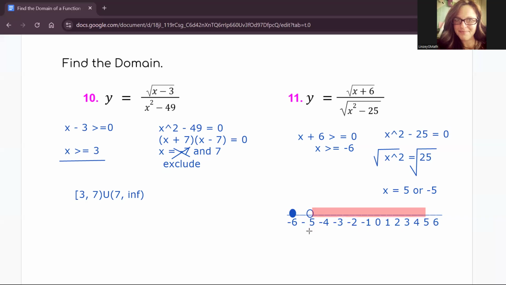And then we have an open circle on 5. We cannot include 5. And then greater than 5.